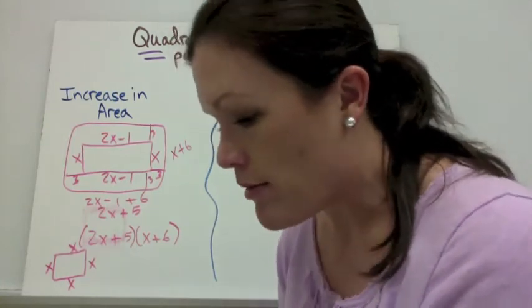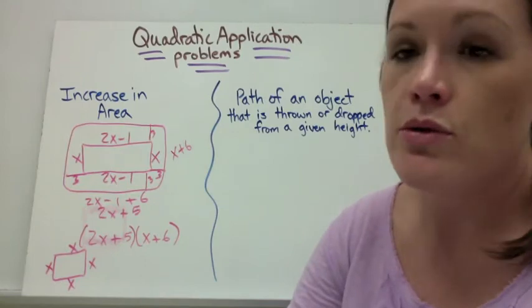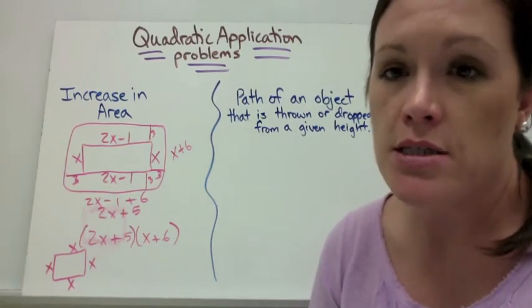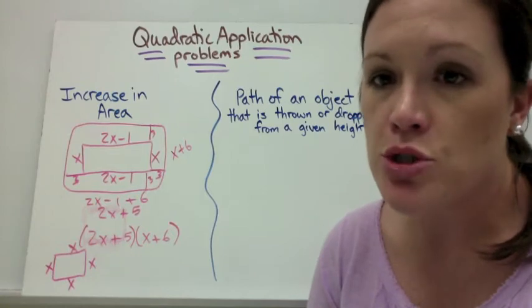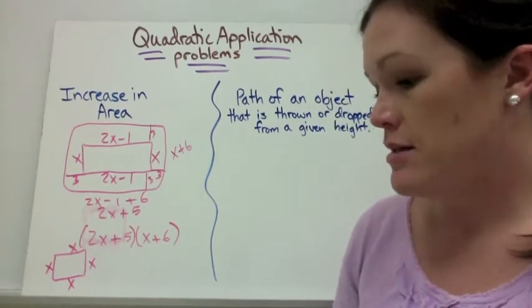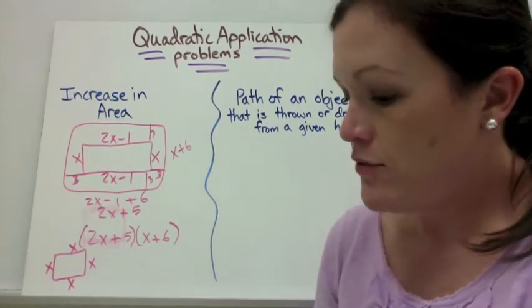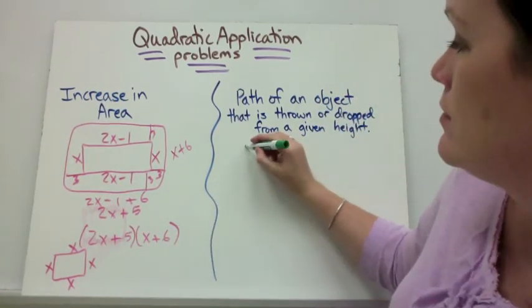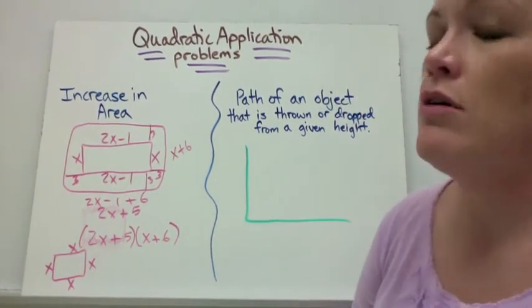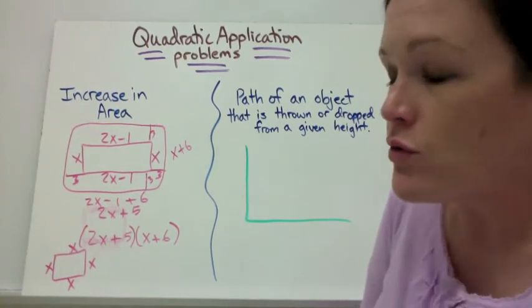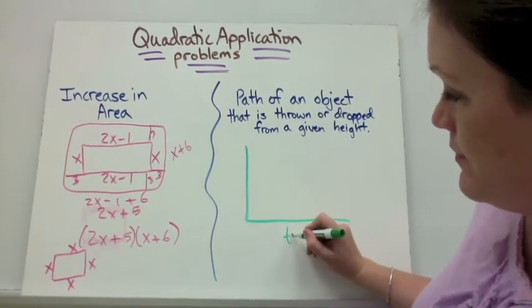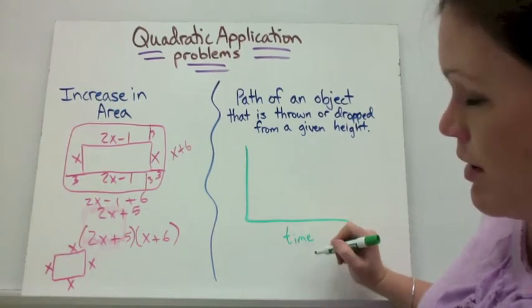Now the other type of problem you're going to see often with quadratics is the path of an object. Usually this is a ball, a rocket, maybe they drop something from a tree, all kinds of stuff like that. So, for example, most often you're going to need the first quadrant of your graph for the reason being that time is only measured in positive units.